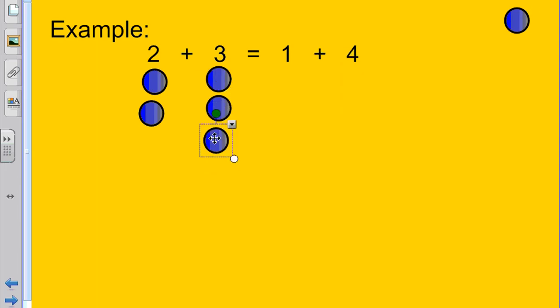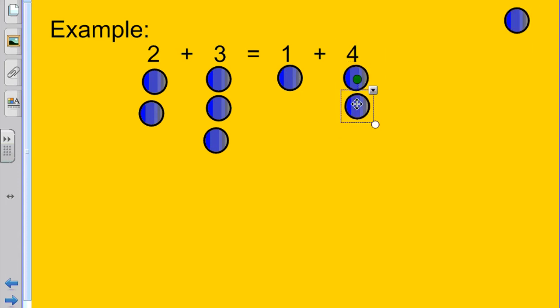Okay, there's 3. That equals what? 1. Okay, so how do I show the 1 plus 4 though? 1 by the 1, correct? And 4 by the 4.